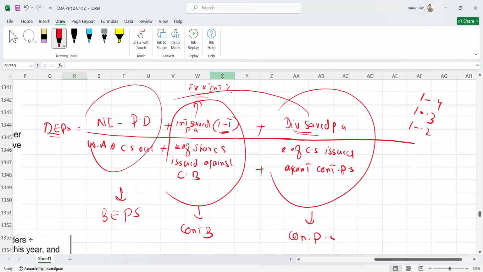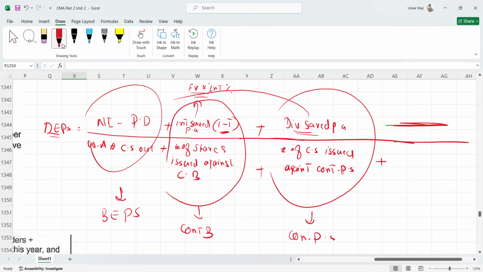And please remember, continuing with this formula, if you have a warrant or option, then plus, for warrant and option, no adjustment is required in the numerator. Only the denominator will be adjusted, because against warrant, you are selling the shares at a discounted price. Even against option, you are selling shares at a discounted price.